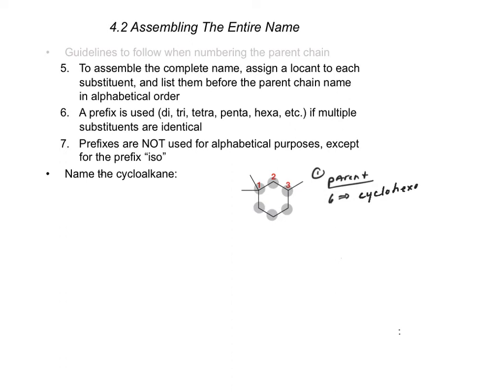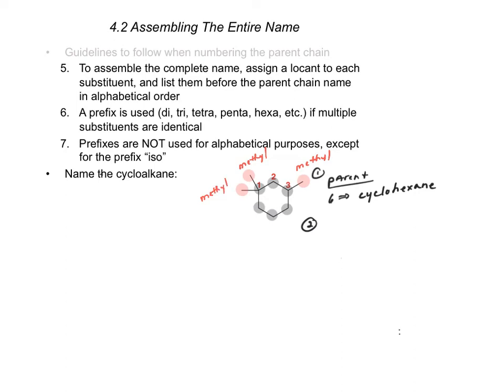So this is cyclohexane. The second step is to identify my substituents. I have a 1 carbon chain coming off my parent. I have another 1 carbon chain and another 1 carbon chain. So all of these guys are methyl groups. So methyl, methyl, and methyl.